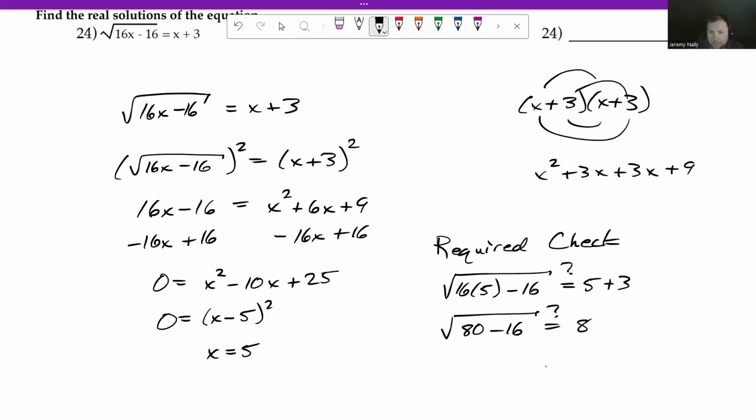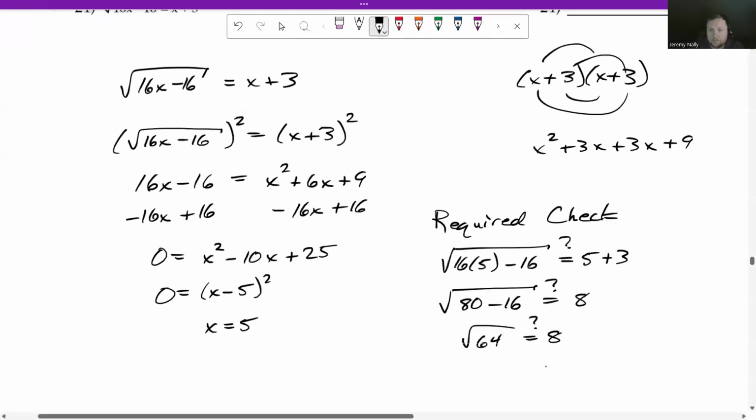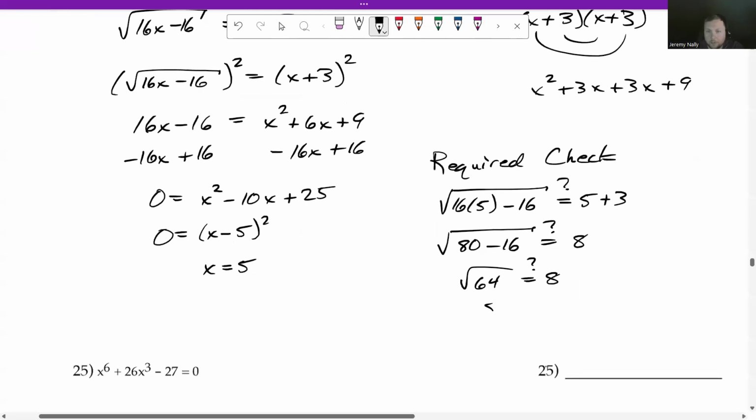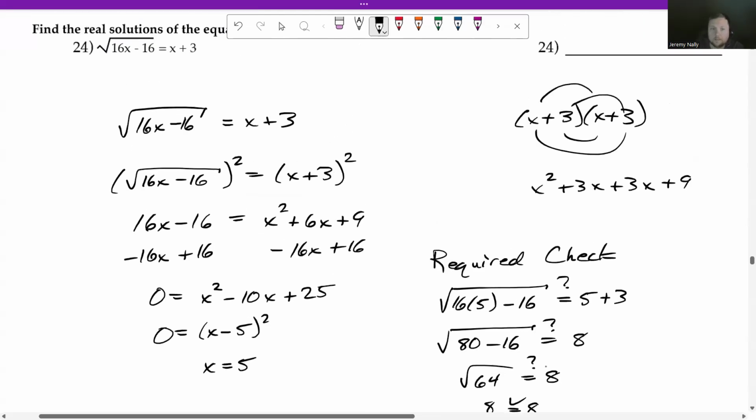And then 80 minus 16 is 64. And the square root of 64 is 8. So I have 8 equals 8. So then my solution set is just the set containing 5.